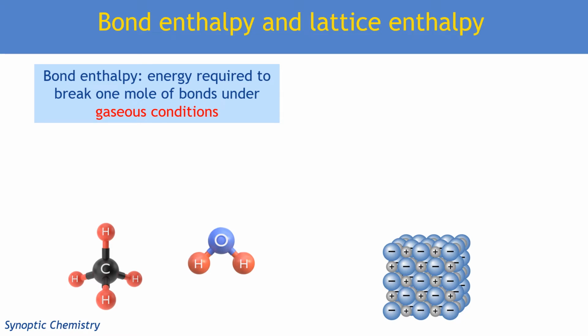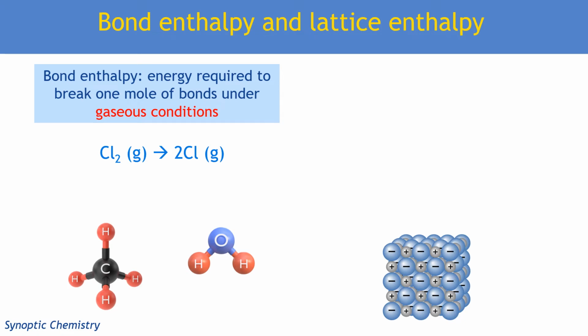So our mean bond enthalpy is the energy required to break 1 mole of bonds under gaseous conditions. So for a diatomic element, if I break 1 mole of chlorine molecules up, I have to break 1 mole of bonds to do that, and I will get 2 moles of chlorine atoms. Now notice that we've changed: we're not talking about overall reactions, we're talking about individual processes that happen within a reaction, and we've now moved to gaseous conditions instead of being under standard conditions and standard states.